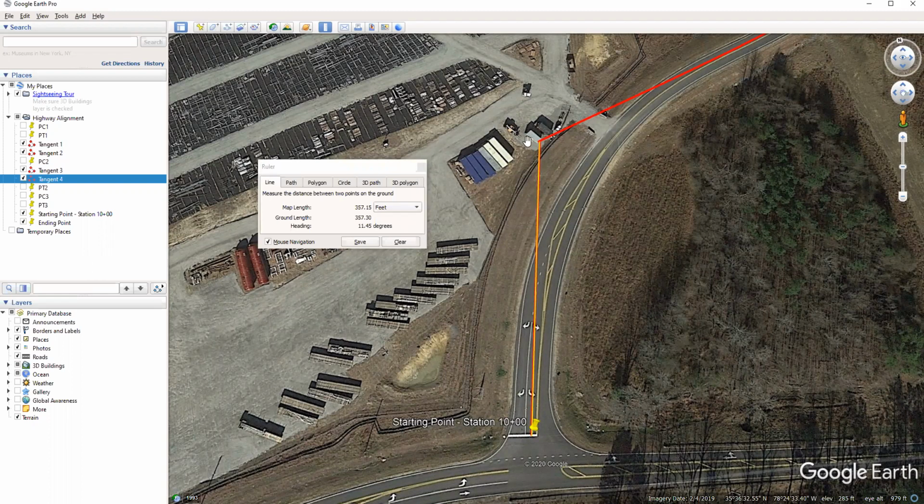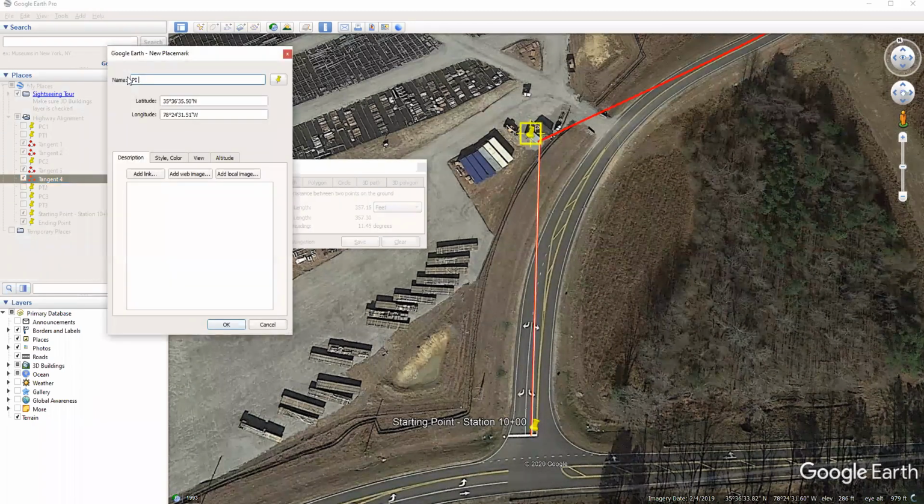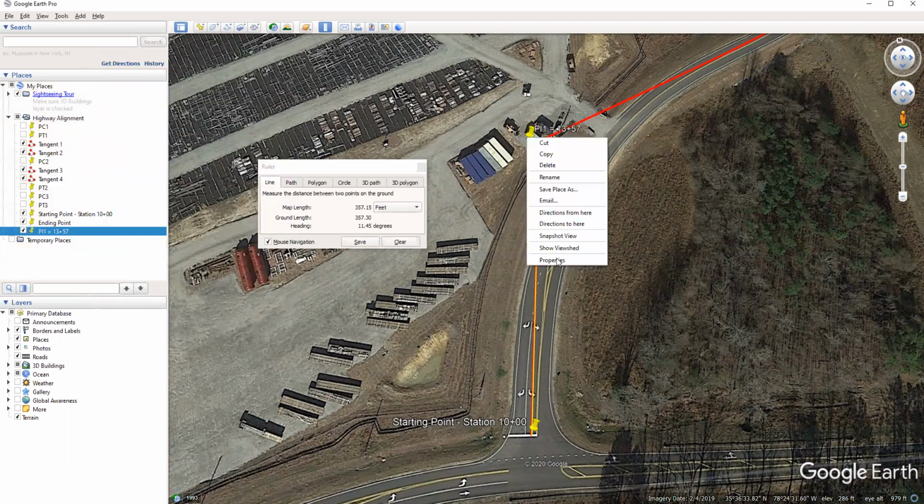And so our first PI of curve number 1 is going to be at station 13 plus 57. It's going to be our starting point plus that distance of 357, so that'll give us the 1357. And it should be right where these tangents come together for that point.